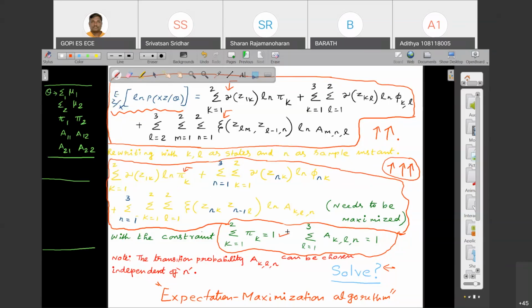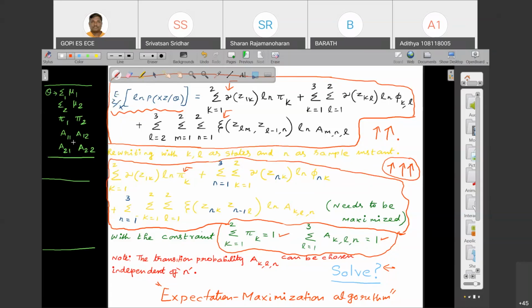It should satisfy this constraint and this constraint. You get an expression for pi k, sigma 1, sigma 2, all of those.